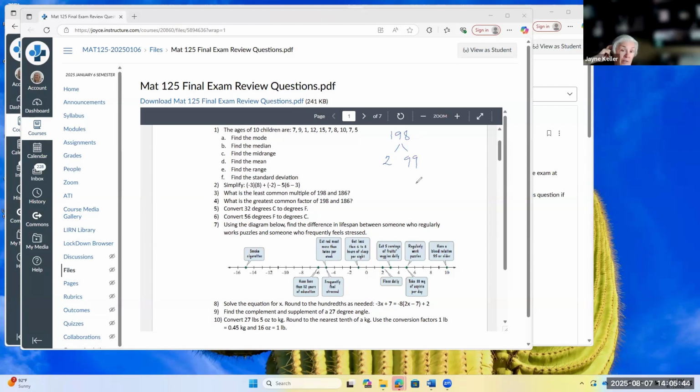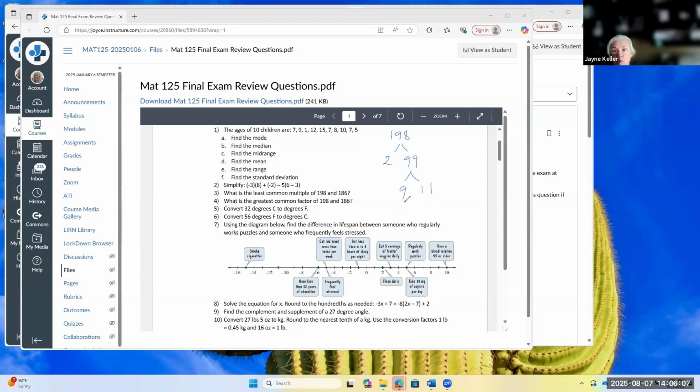For a bigger number like this, it's also okay to pull out your calculator and notice that it divides by 2. You can do the long division or 198 divided by 2, and you'll get 99. Now 2 doesn't divide in, but right away I see that 9 times 11 will give me 99.